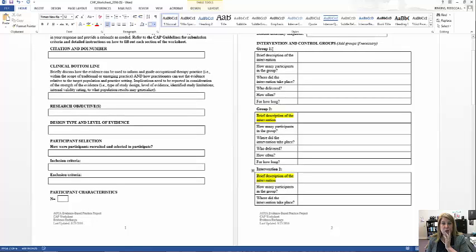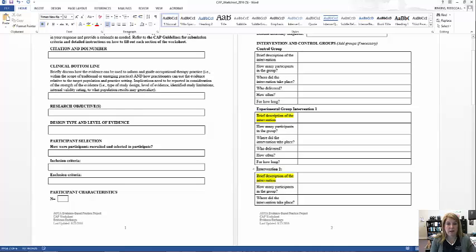Maybe this is the control group. And so what I can do is I can take these out and I can say control group, and then I can say experimental group. And so this is intervention 1.